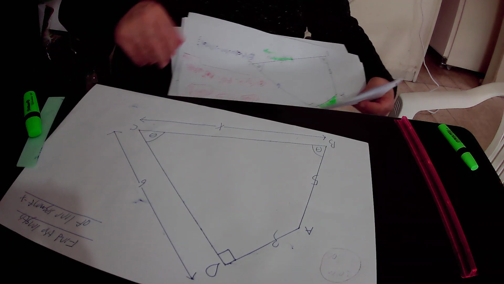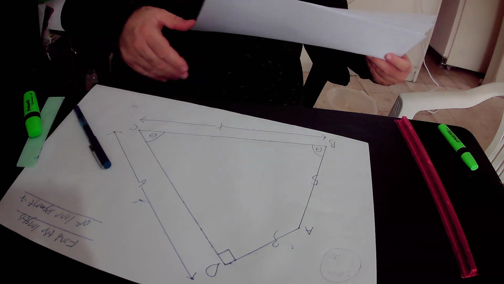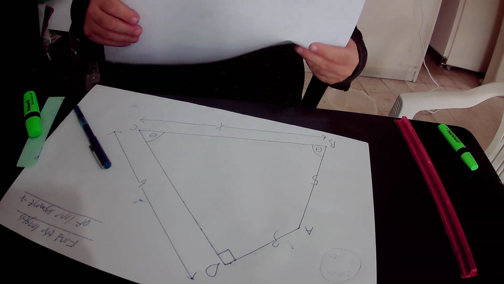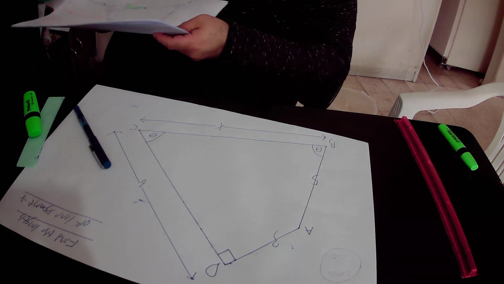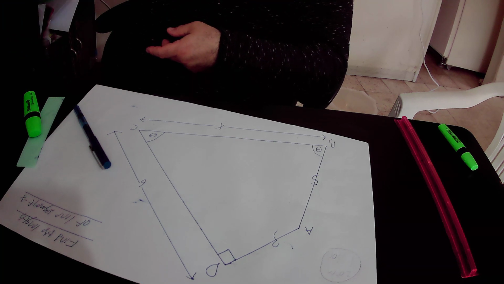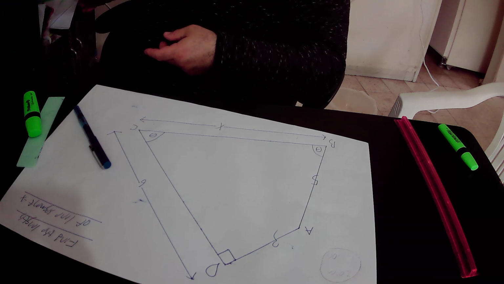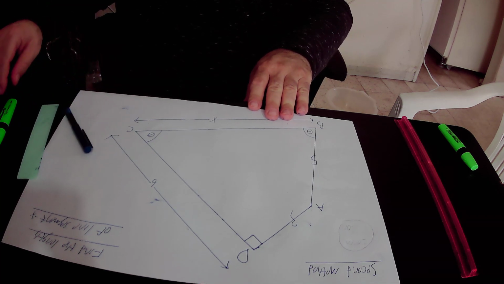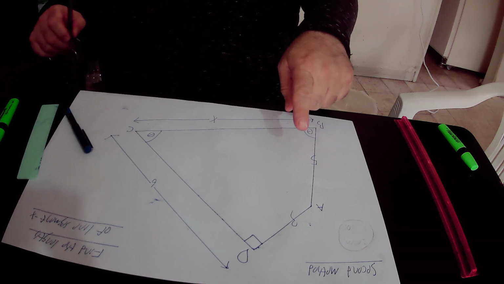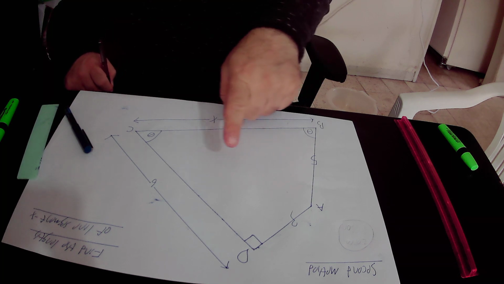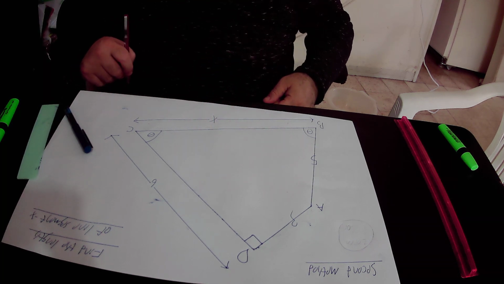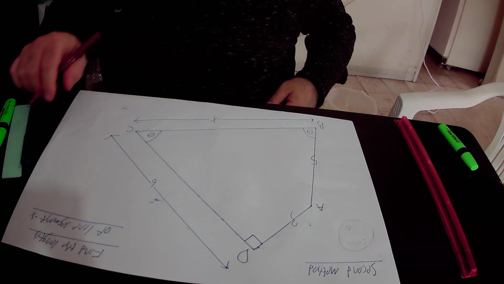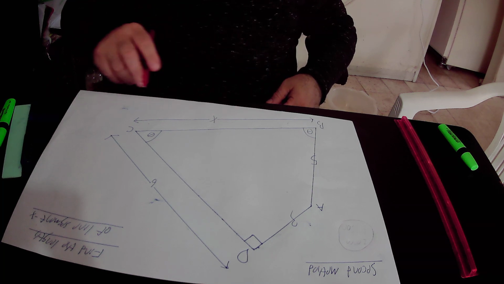In the second method, we will do another construction. Here from point A, we will draw a straight line on DC in such a way that the straight line will be parallel to BC.